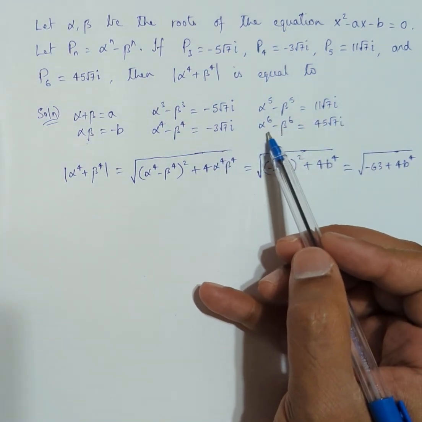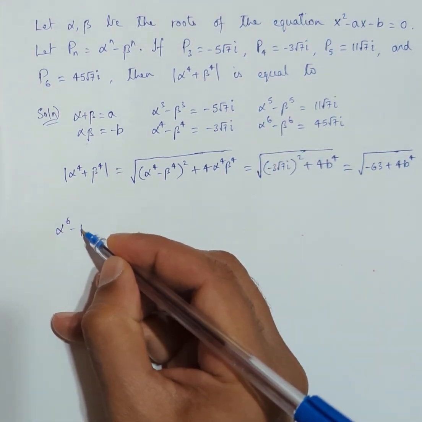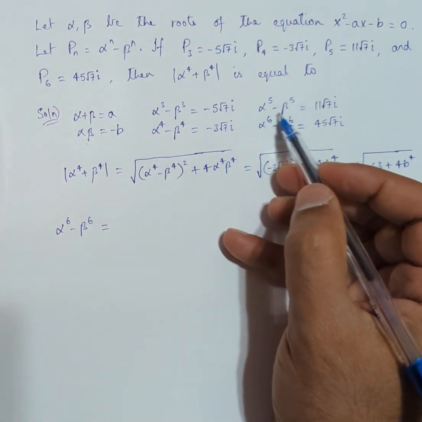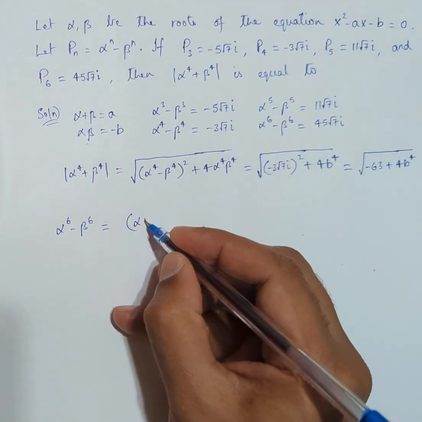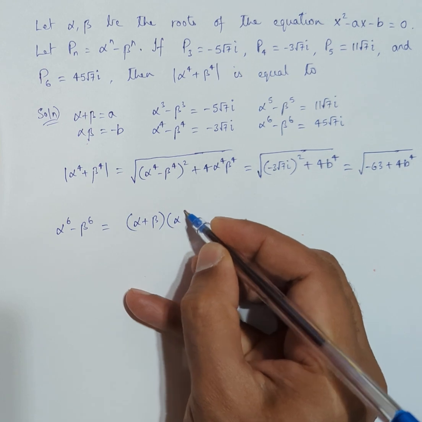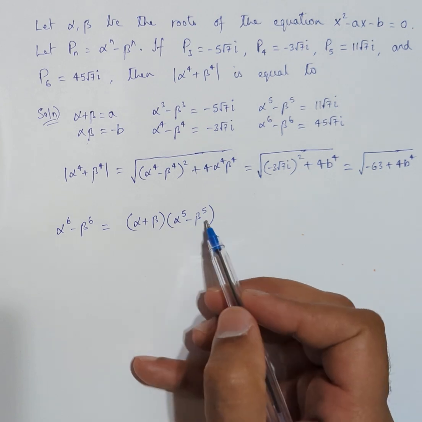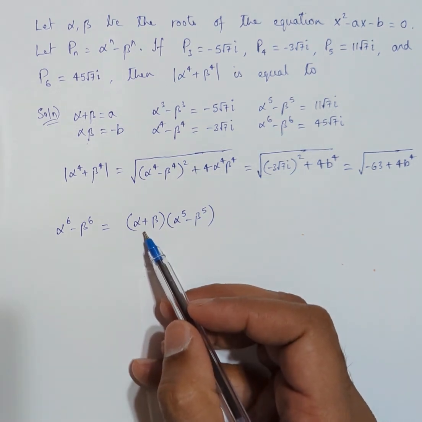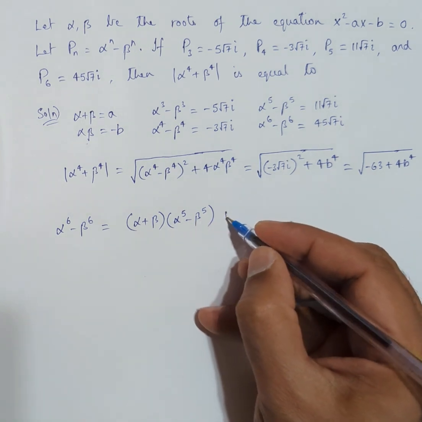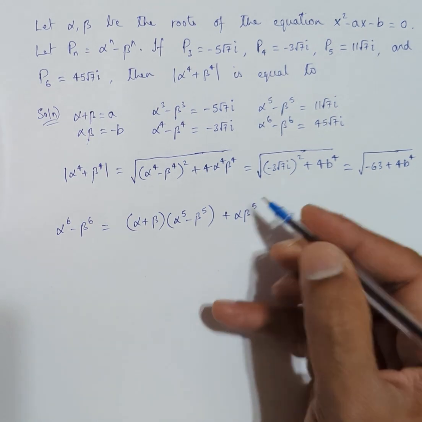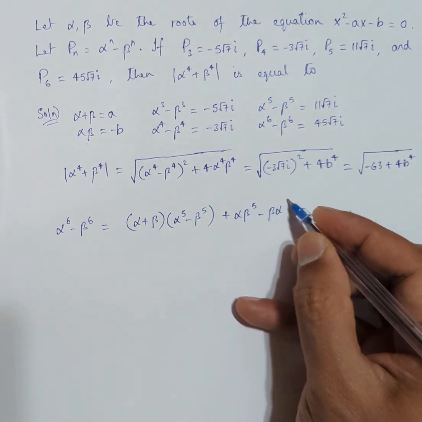So notice I can write alpha to the 6 minus beta to the 6 in terms of this. If I multiply alpha to the 5 minus beta to the 5 with alpha plus beta, then I'll get alpha to the 6 minus beta to the 6, but I will also get some additional terms, which is negative alpha beta to the 5, which means I have to do plus alpha beta to the 5, and I have a plus beta alpha to the 5, so I need to subtract beta alpha to the 5.